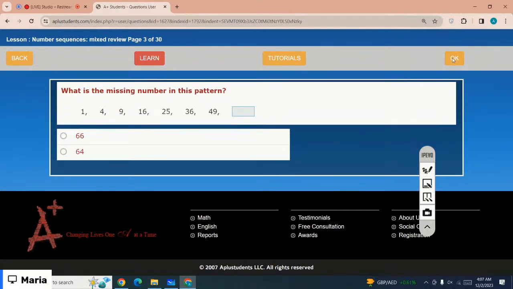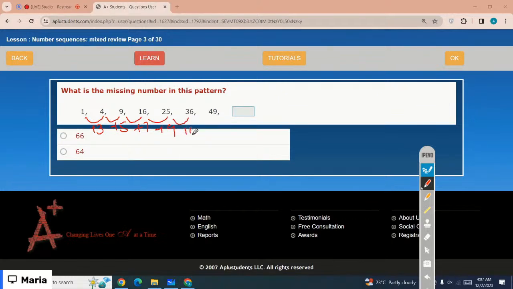Okay, find the missing number in the pattern. Let's see how the pattern is growing. 1 plus 3 is 4. 4 plus 5 is 9. 9 plus 7 is 16. 16 plus 9 is 25. 25 plus 11 is 36 and 36 plus 13 is 49.